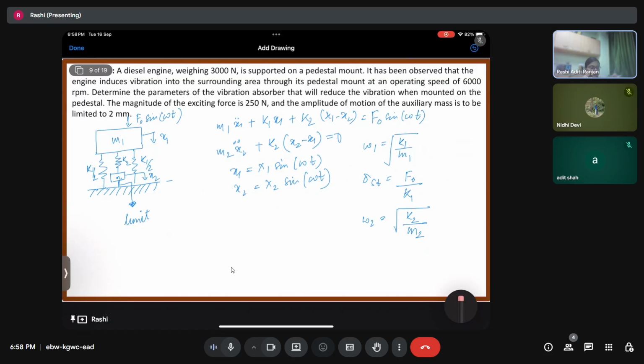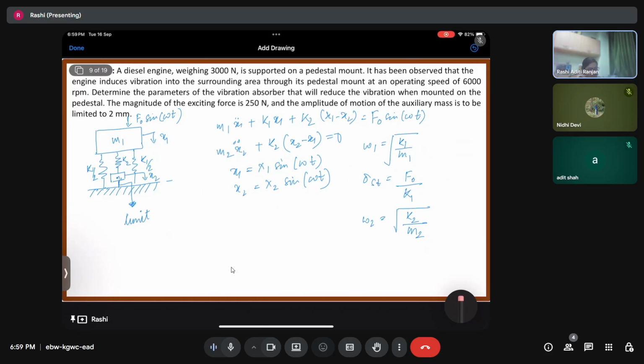We need to determine the parameters of the vibration absorber that will reduce the vibration when mounted on the pedestal. The magnitude of the exciting force is 250 Newton and the amplitude of motion of the auxiliary mass is to be limited to 2 mm. This is why I gave all this understanding of the concepts, because in this question we have the limitation of the amplitude of the motion of the auxiliary mass.